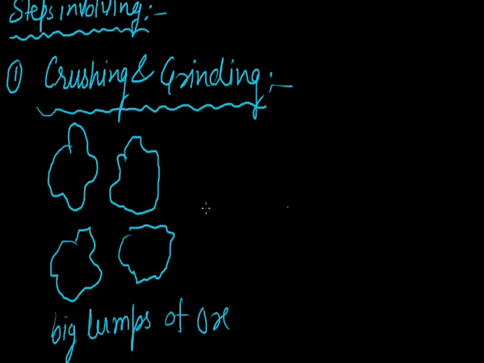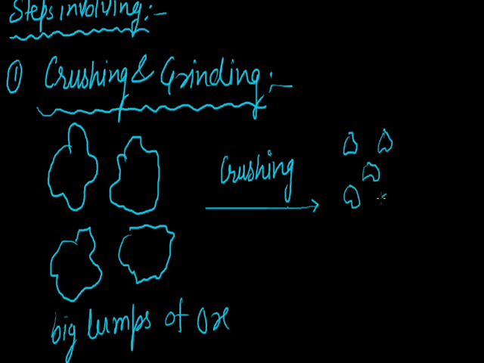So firstly we need to reduce the size of these particles, so we use crushing, and after crushing these ore particles, they will be converted into small or reasonable size particles, just like this.